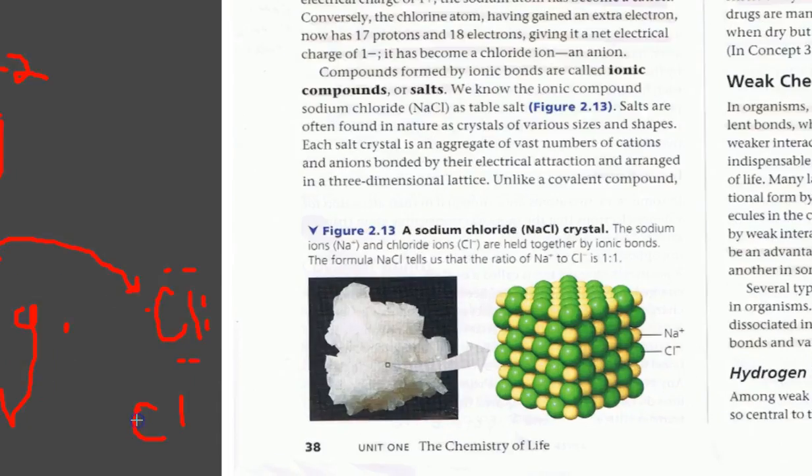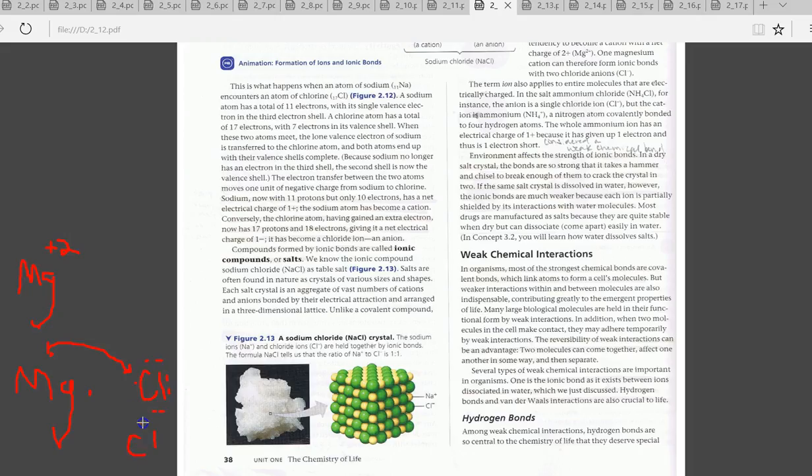Okay, anyway, it's got 7 valence electrons as well. These should be dots, but you know, whatever.